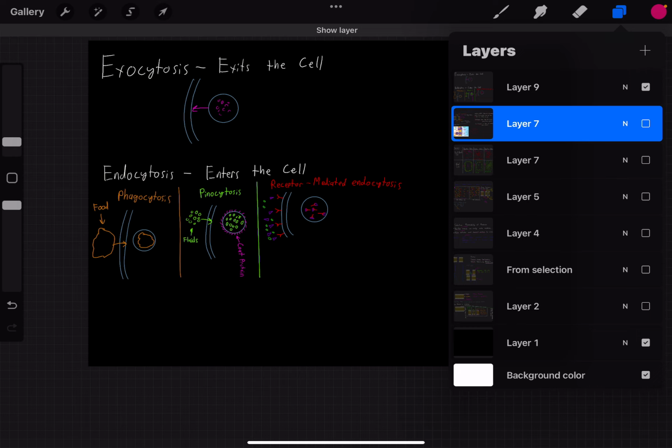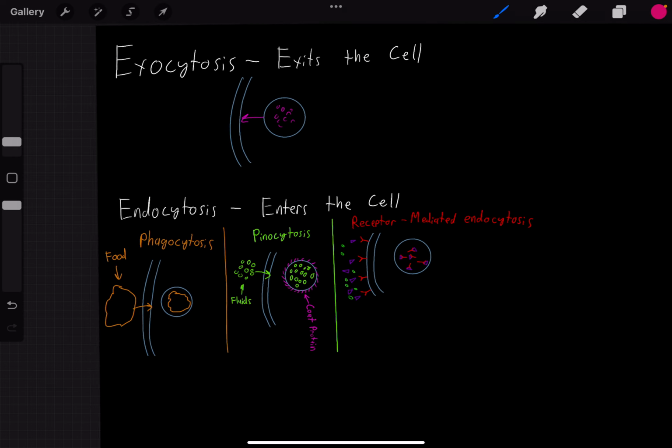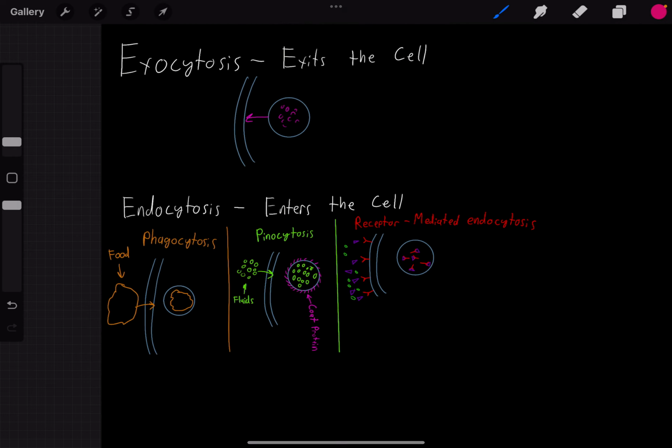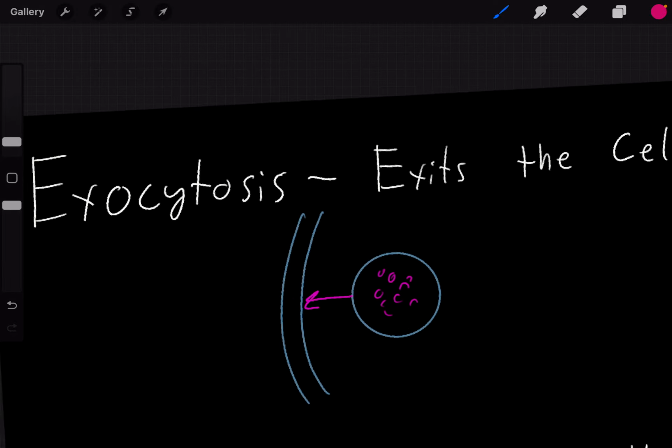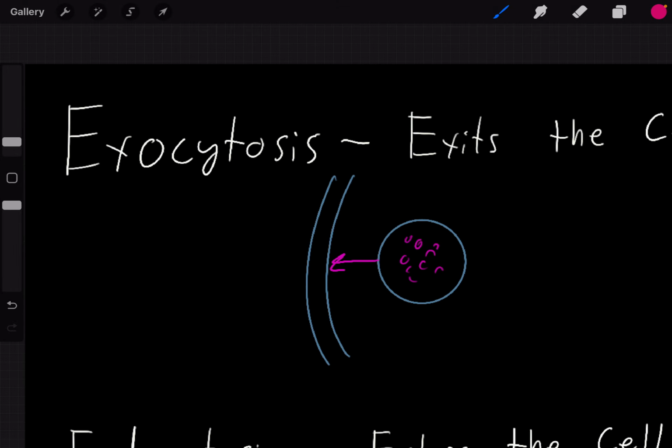And the last thing we'll talk about is exocytosis and endocytosis. For exocytosis, it's pretty easy. You're basically taking whatever is inside the cell and bringing it outside the cell.